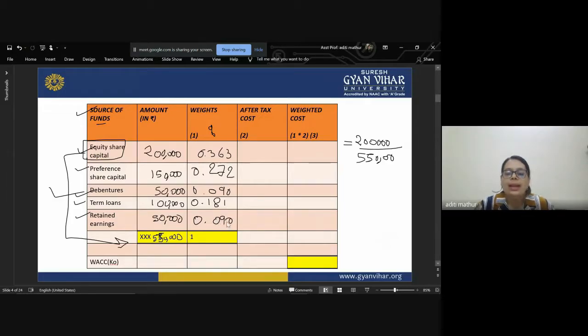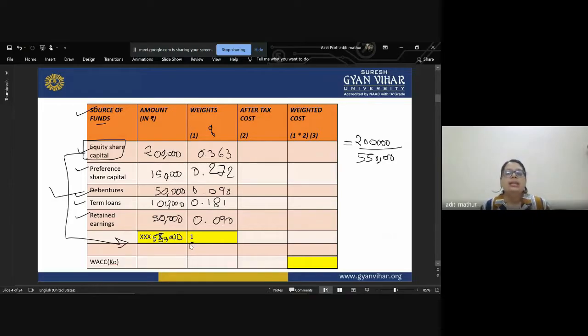Now let us just check whether the addition of all the different weights is equal to 1 or not. So 0.363 plus 0.272 plus 0.090 plus 0.181 plus 0.090 is equal to 1, right?